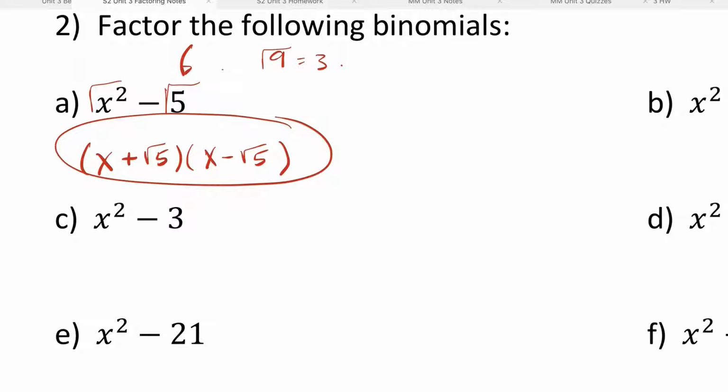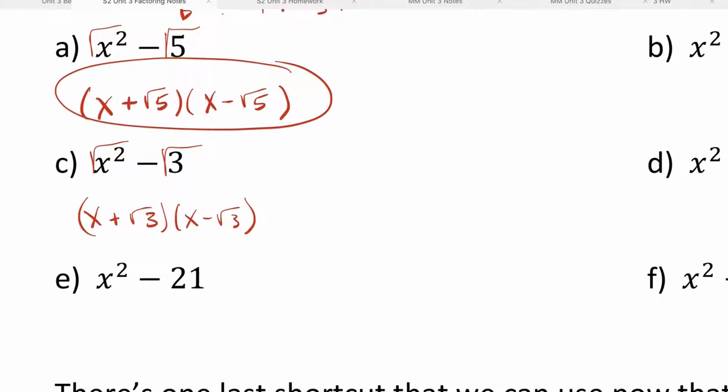Okay, so the same with all of these. We'd have x plus the square root of 3 and x minus the square root of 3. Okay, pause and see if you can do the rest of the ones that we haven't covered. Here you'd get x plus the square root of 21 and x minus the square root of 21.